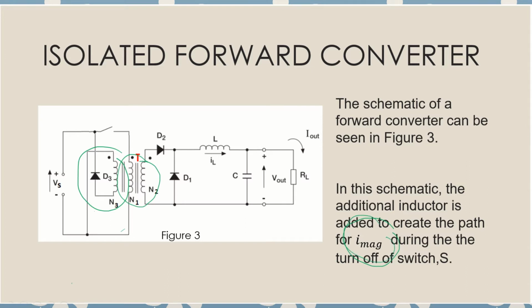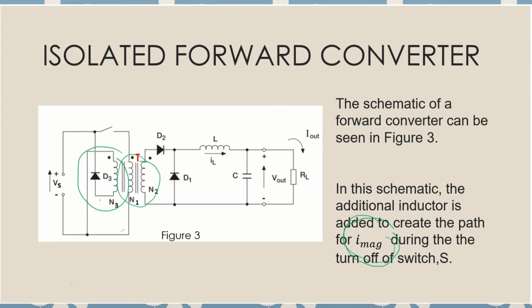So what will happen without the N3? The I magnetizing current has nowhere to go. There's no escape.